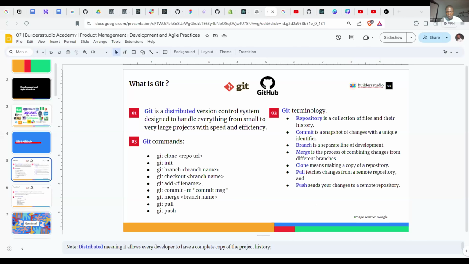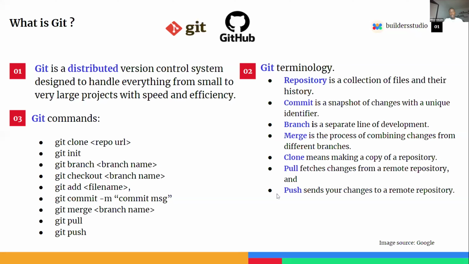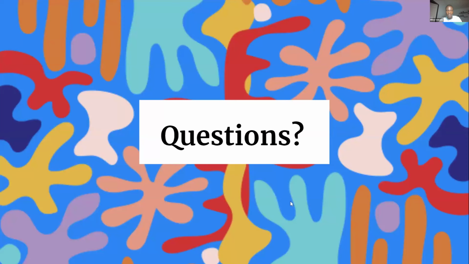So that's what Git push does. Git push is to send your local code changes to GitHub so your teammates and team members can look at it, work on it, and make changes off of that.